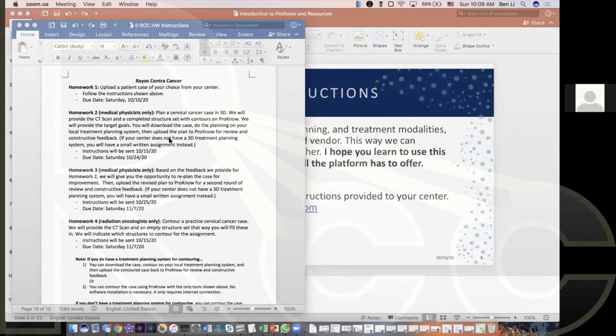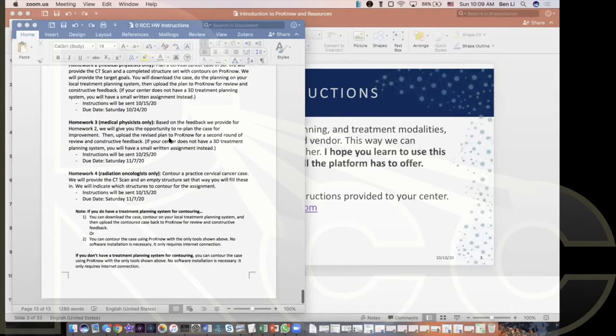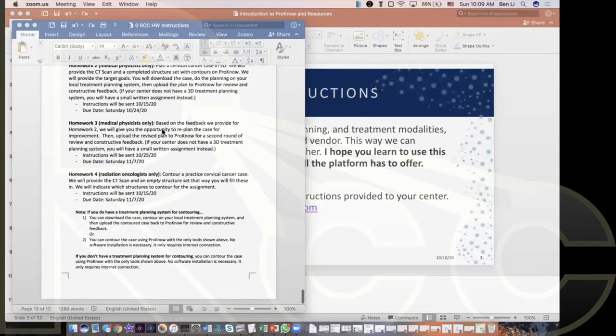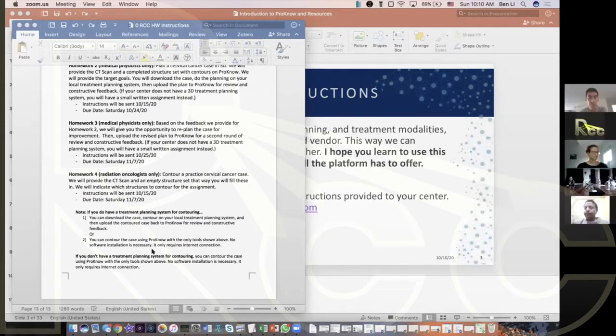If the TPS isn't commissioned yet, we'll have written assignments. And then we'll provide feedback on the plans that you make or whatever you turn in. And for the radiation oncologist, we can use ProKnow to practice contouring, which I hope will be really helpful. All of this is in this document, which your clinic coordinator should have.